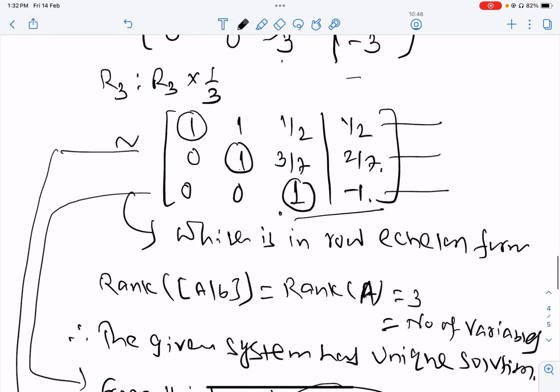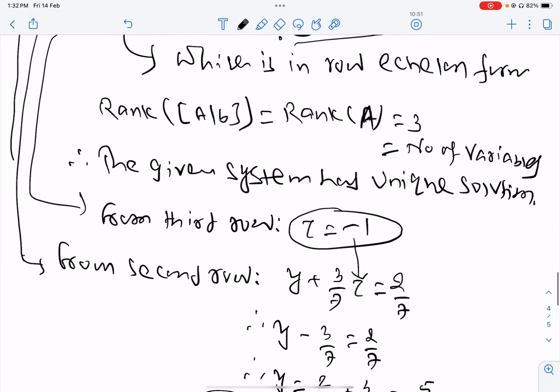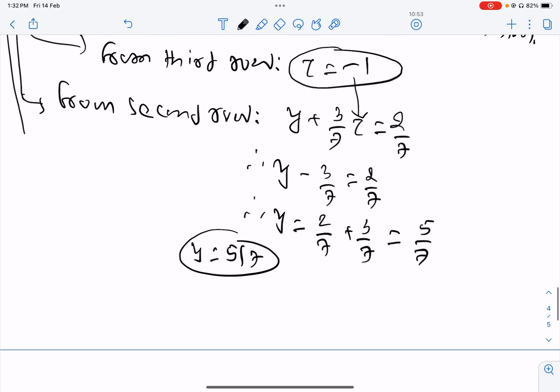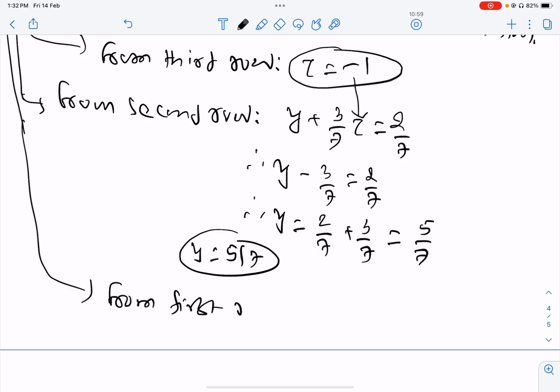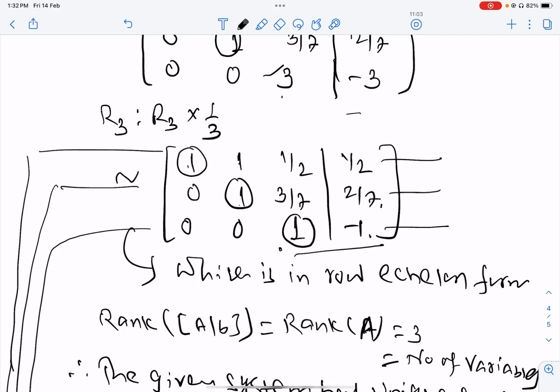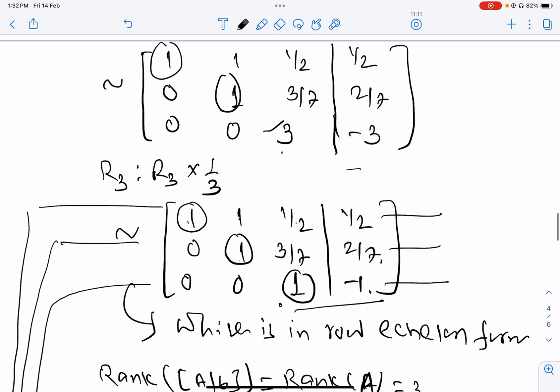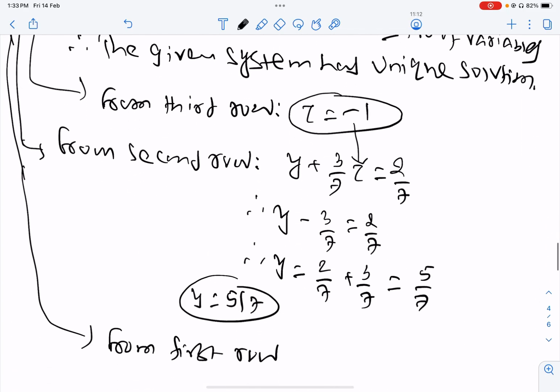Now from the first row, what do we have? X plus Y plus 1 by 2 Z equals 1 by 2.